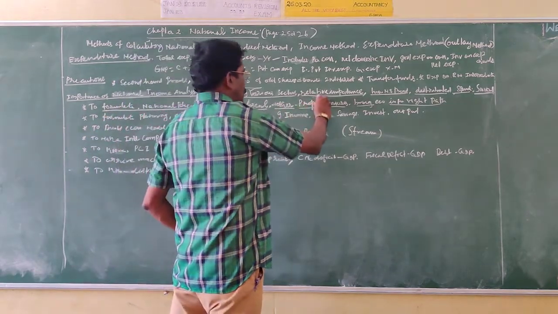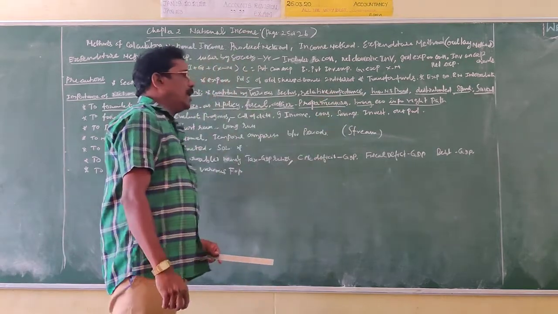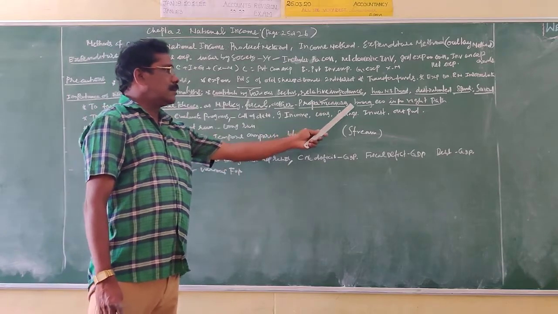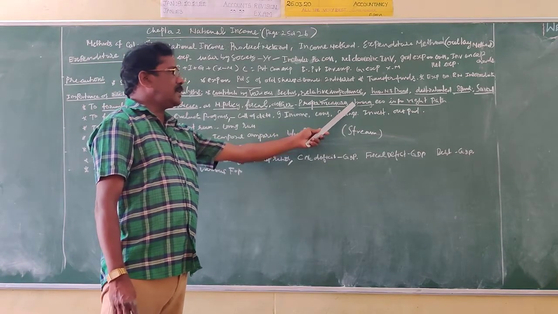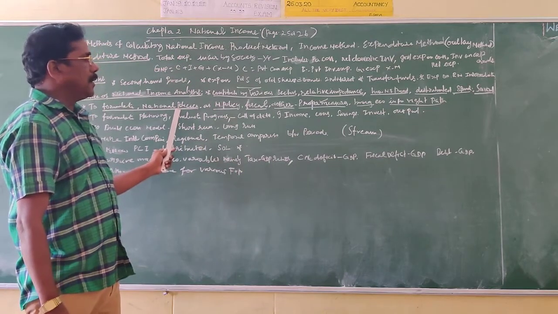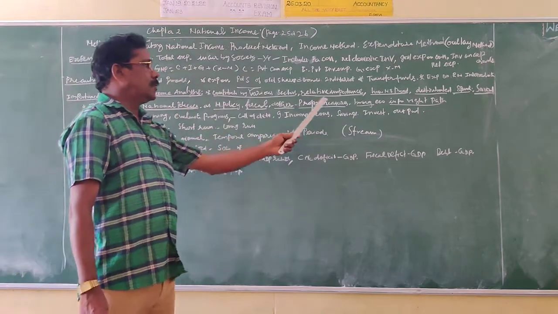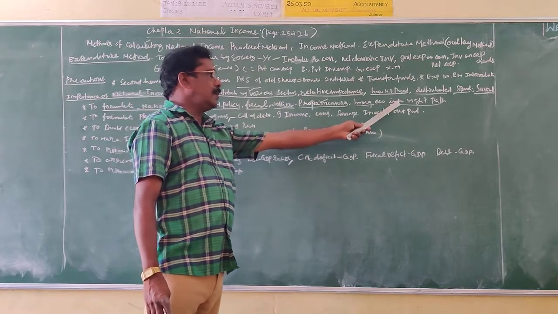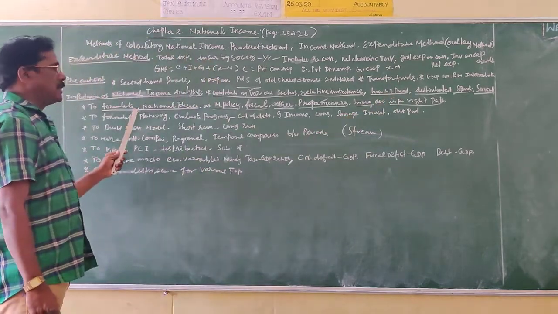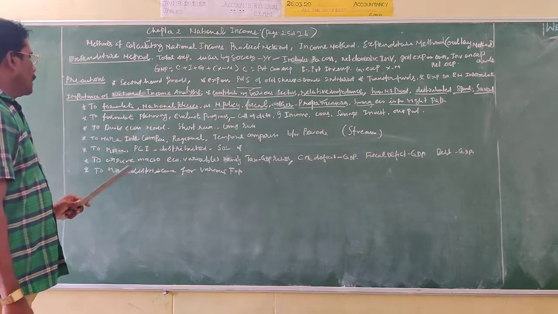Proper measures should be taken to check whether we are going on the right path or not. If there are any deviations from the planning or the policies, it is important for the government to bring the economy onto the right path. For that, national income analysis is very important.